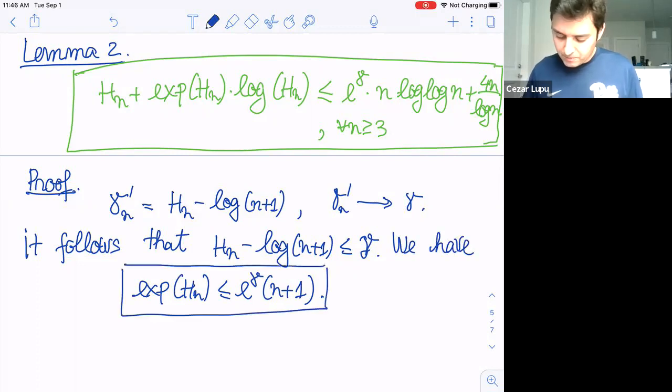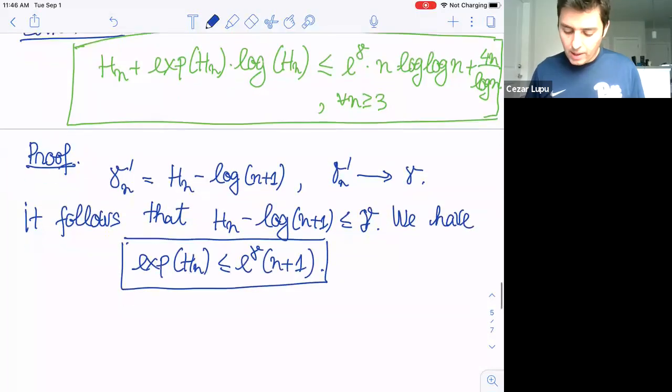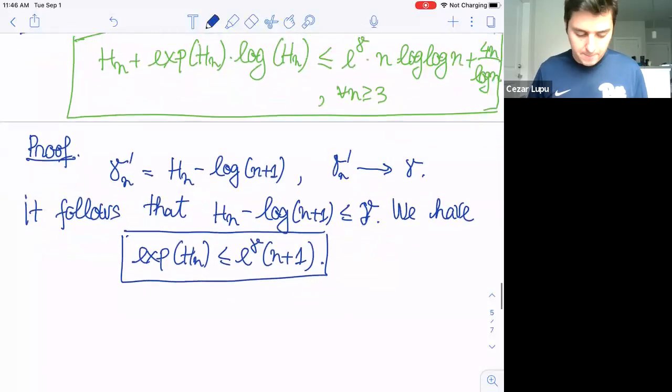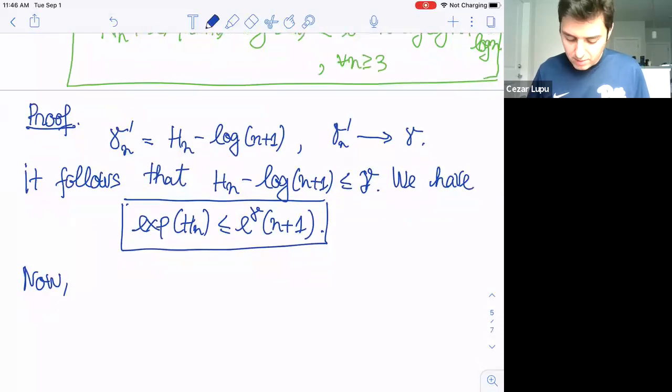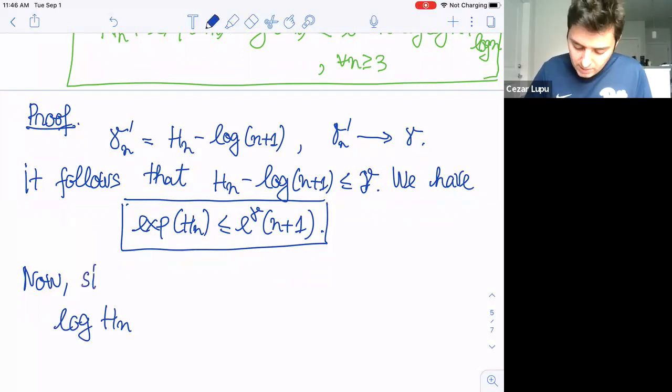And also, now I have to take care of the log part. Let's look at this, because this is a bit tricky, but not that much. I'll explain immediately. There is a trick that you do here.